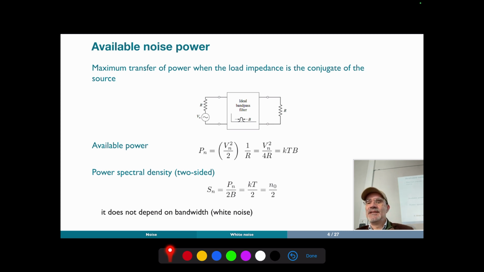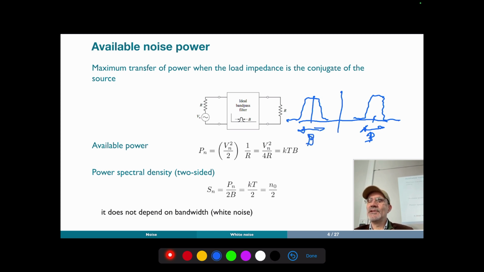Okay. Here the bandwidth we are assuming is, for example, if we have a bandpass filter over a certain band here, this filter has equivalent bandwidth at the negative frequencies.